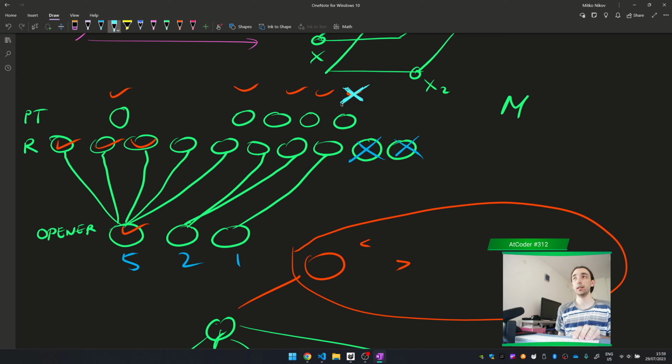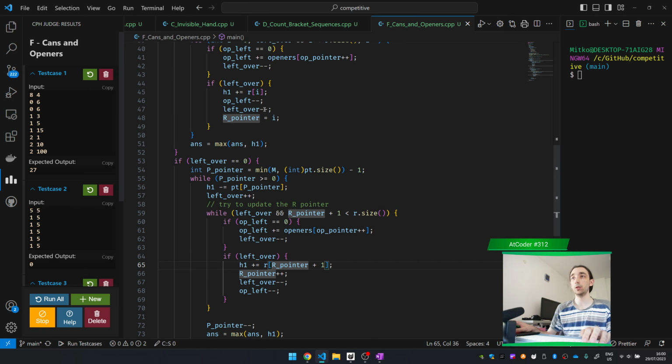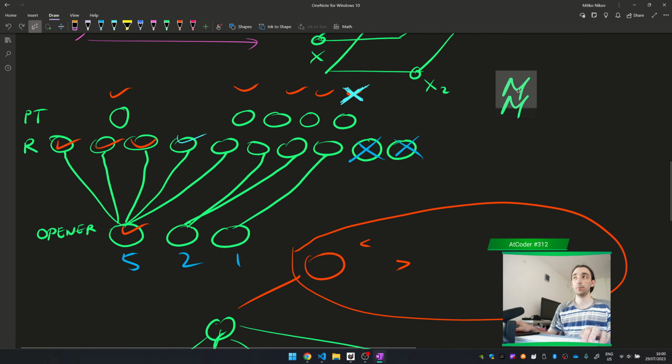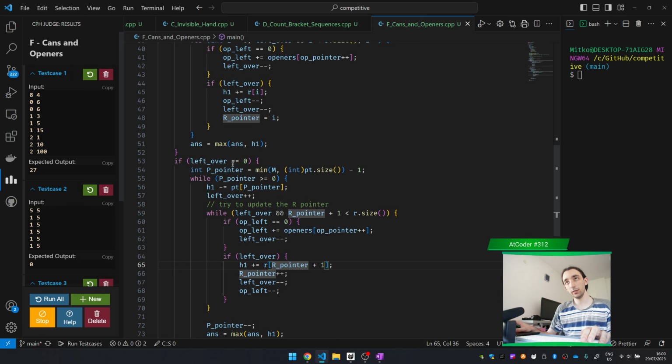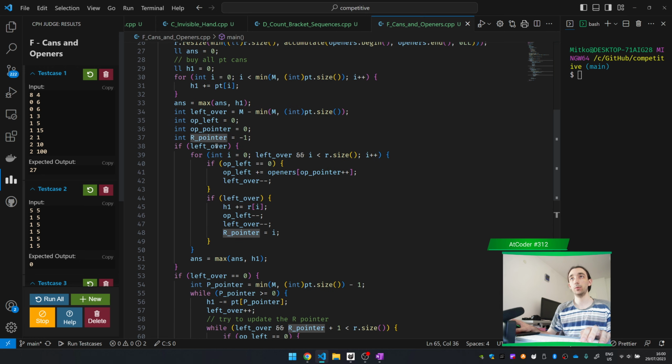So I delete one of the pull tab cans for one of the R cans, and this could sometimes give me a bigger profit. All of these are sorted in decreasing order, the R, the pull tab, and this. One can prove why this is optimal because of the greedy principle and the equal cost of all cans. And this is just pointer work, so I won't go over how I implemented this problem.